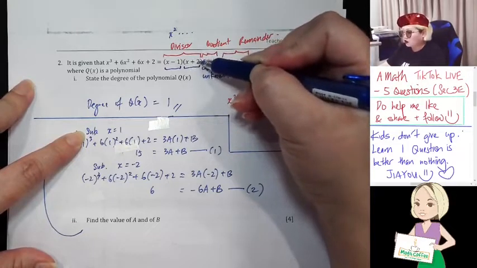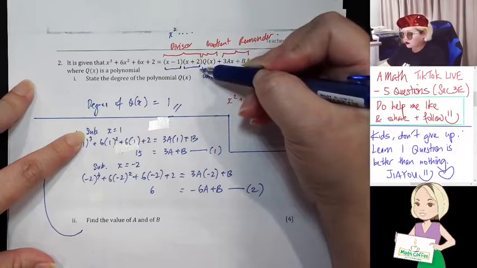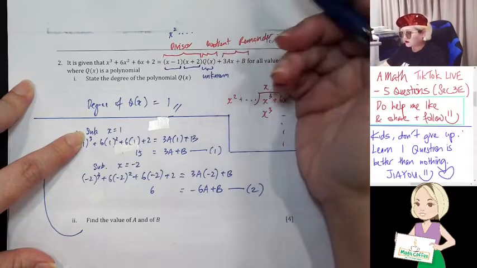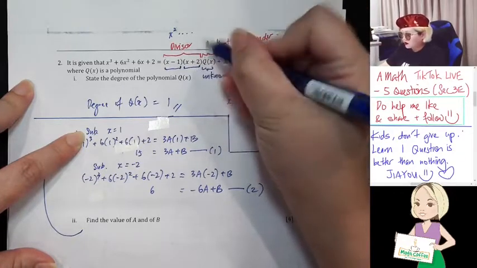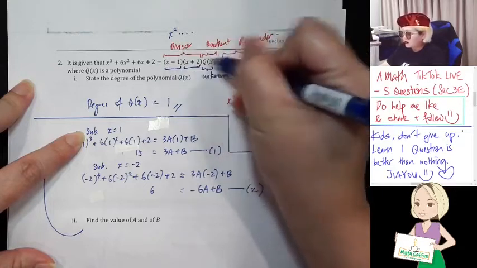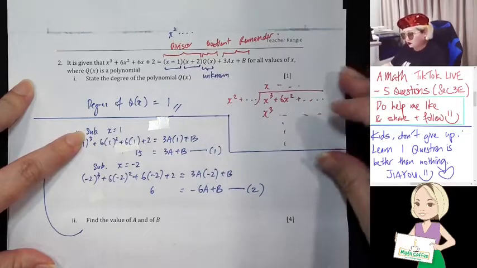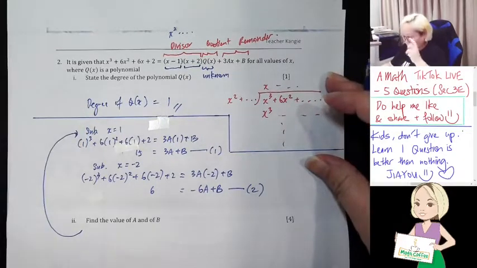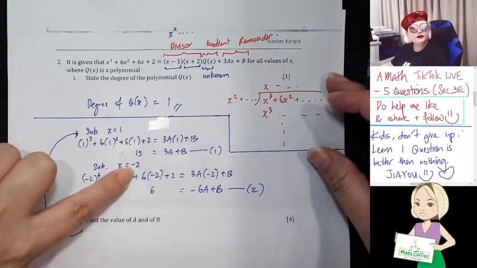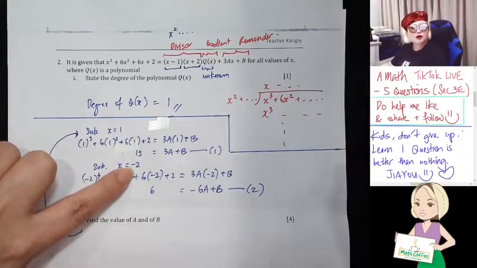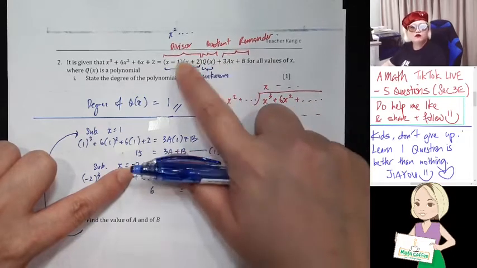It doesn't give me a 0. So I need to sub negative 2. Can everyone understand why I sub in 1 and negative 2 now? Because my objective is to get rid of the qx.